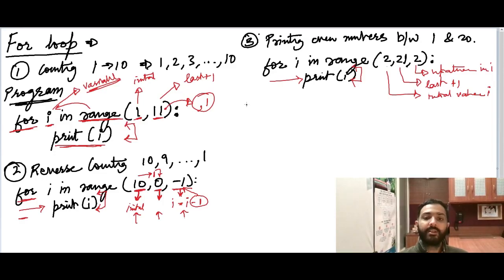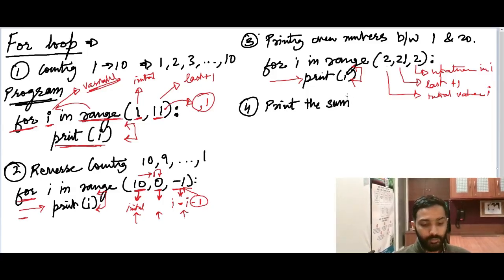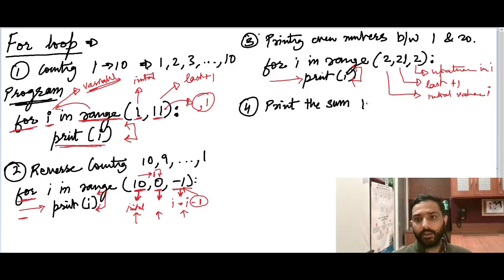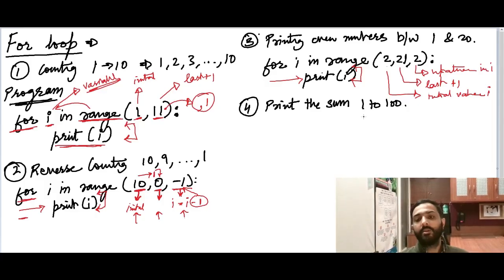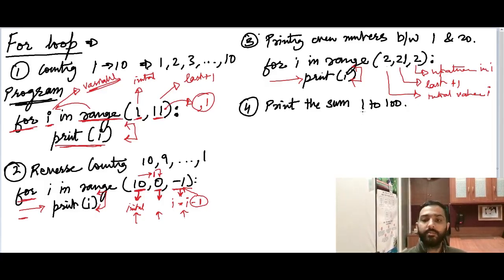So now let us start with the fourth practice question of the for loop. Fourth question is to print the sum of all the integers between 1 to 100 including these two numbers.